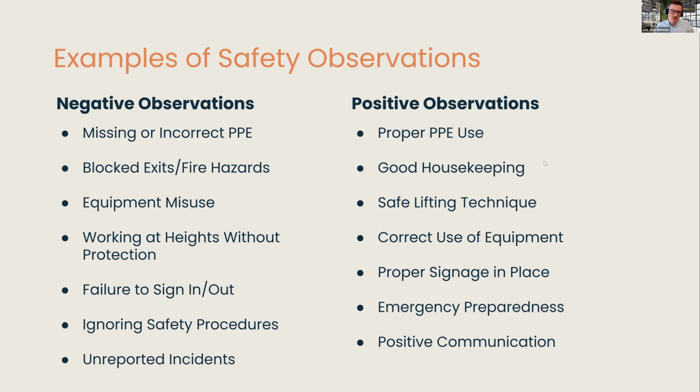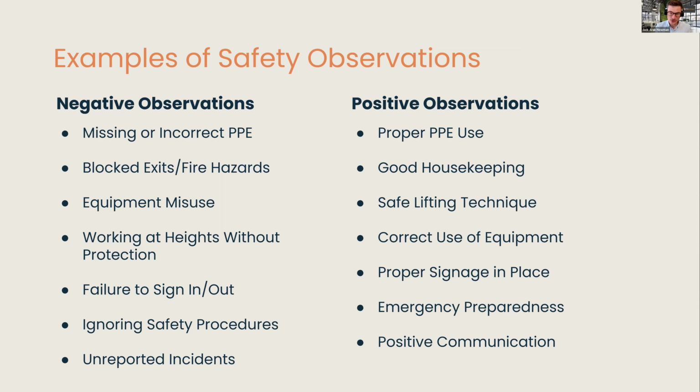To give you some examples of what a safety observation actually is, I wanted to show you some examples, but also compare both positive observations and negative observations, because I guess the negativity sometimes around health and safety is that it's always about reporting the bad stuff, whereas what a safety observation can do is actually start to promote and record some of the positive observations that happen around your workplace.